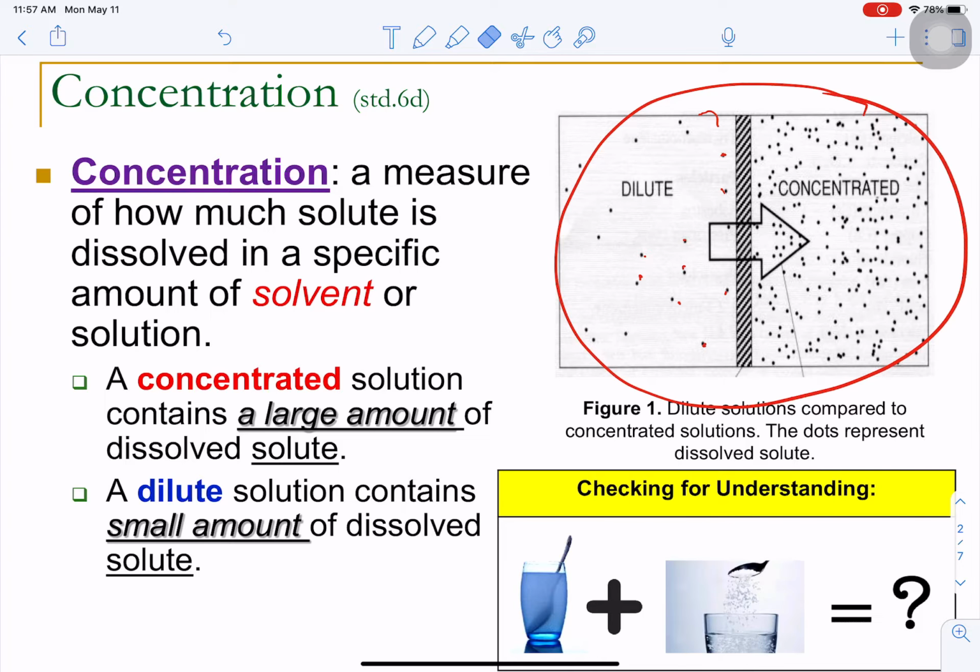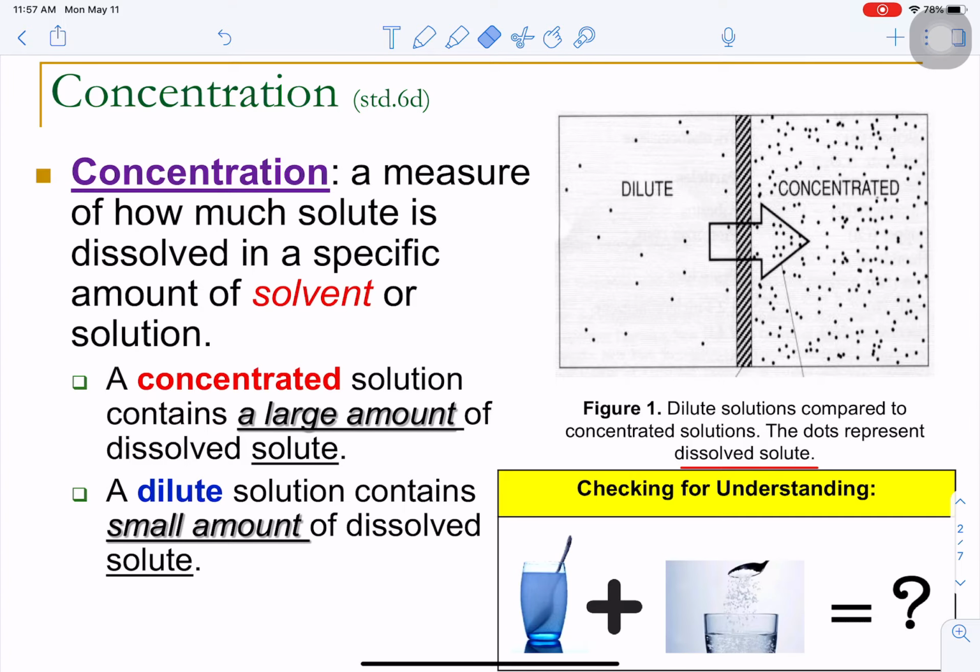Well, what do those dots represent? Those dots represent the dissolved solute. So as you can see, there's more dots on the right side. That's because that solution is more concentrated. So if you have more dissolved solute, more concentrated. All right. Okay, easy enough, right?